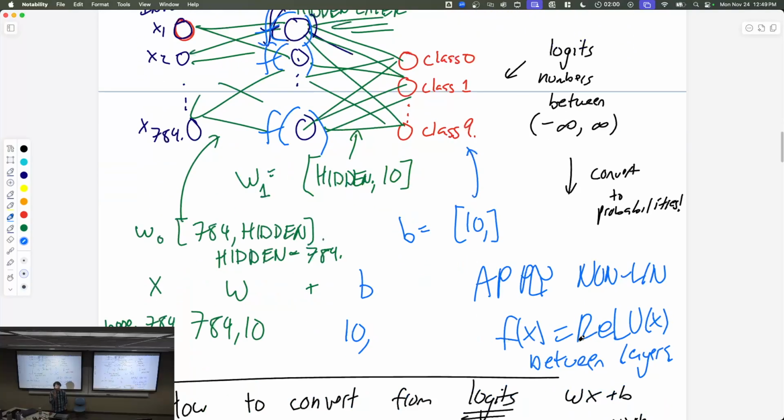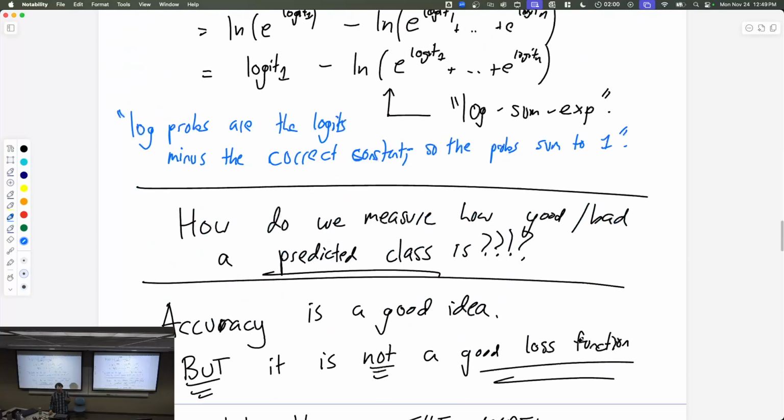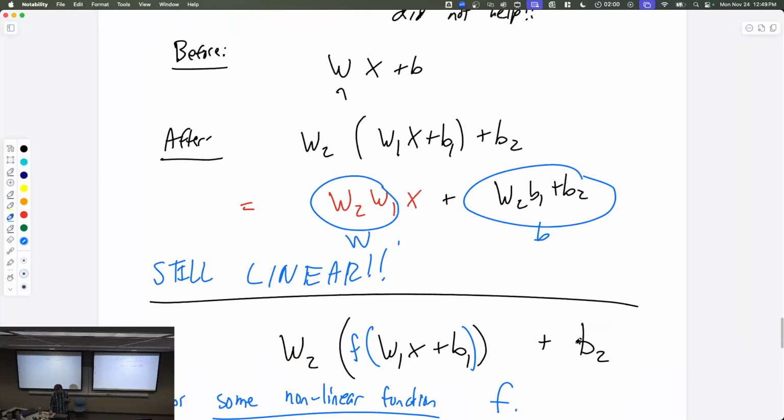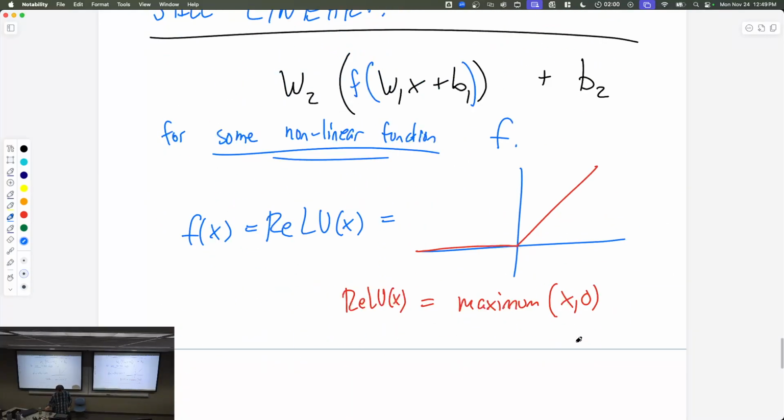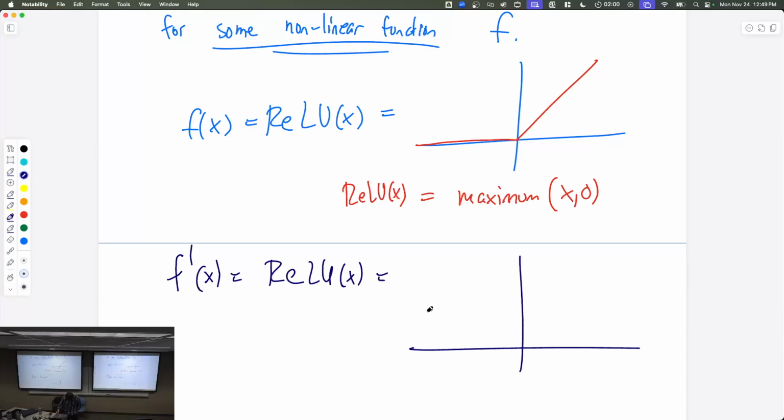The ReLU is really easy to compute. You remember we're doing the gradient, right? And the gradient of the ReLU is a super simple function. So this is the ReLU. Let's do the derivative of the ReLU, f prime of x. The derivative of the ReLU is this function. It's 0, and then it's 1.